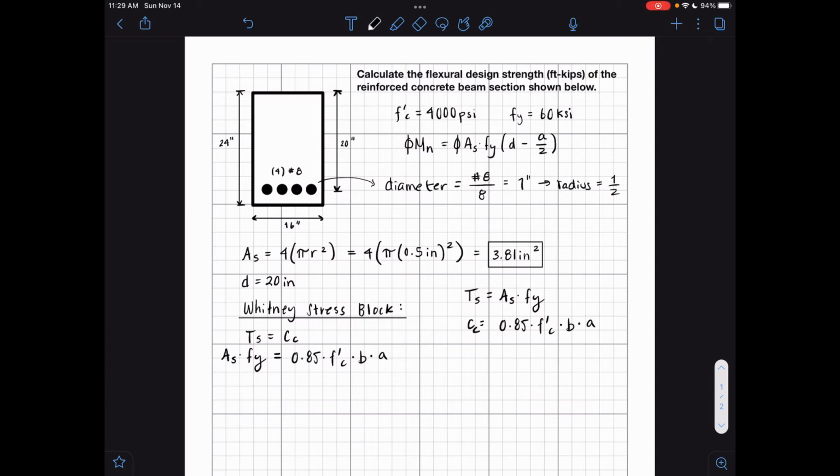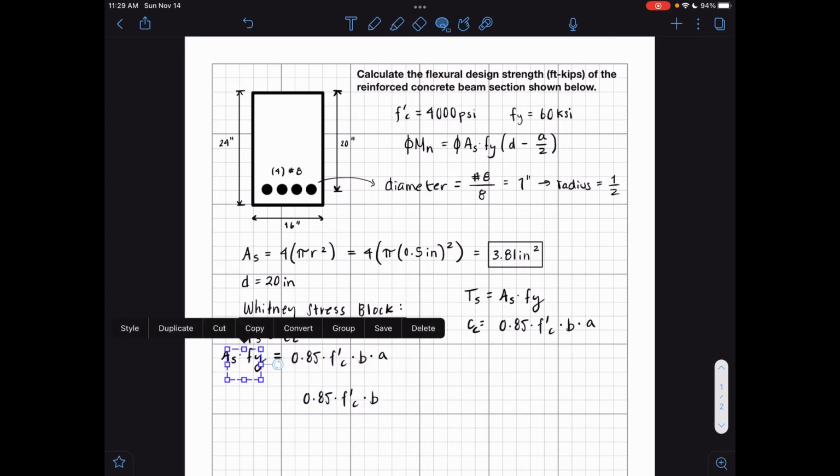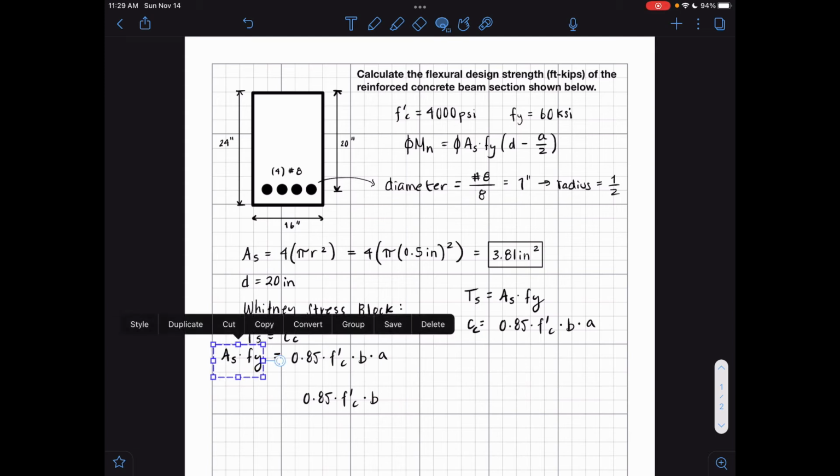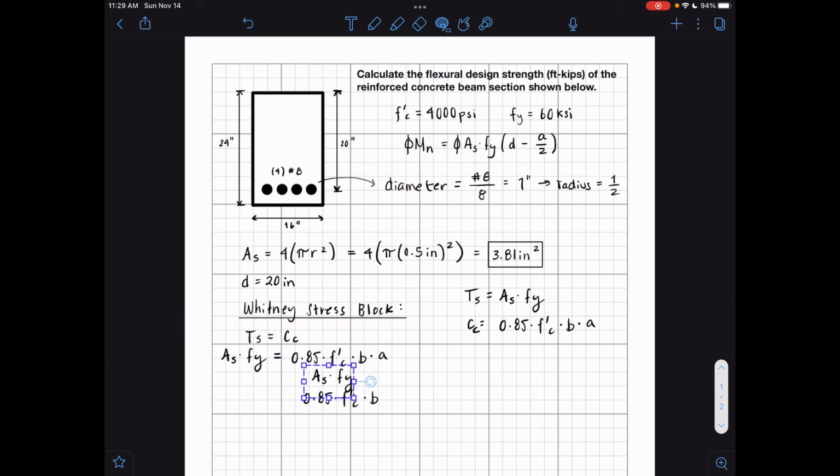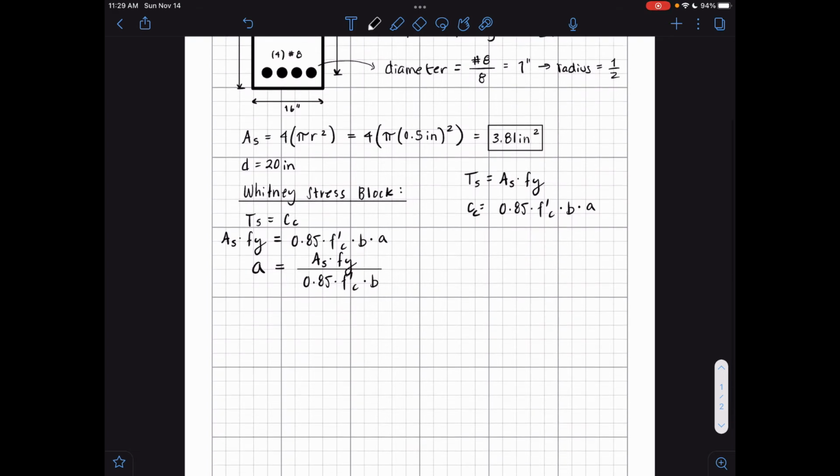What we're interested in is solving for this variable a, so what we're going to do is isolate a. So a is equal to that.